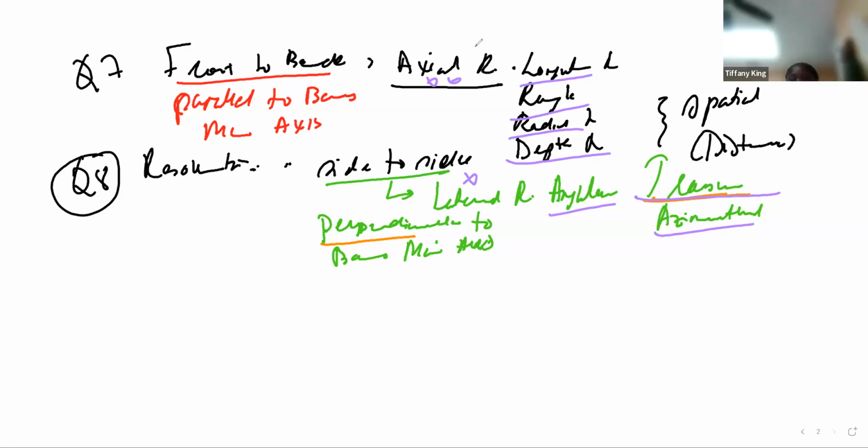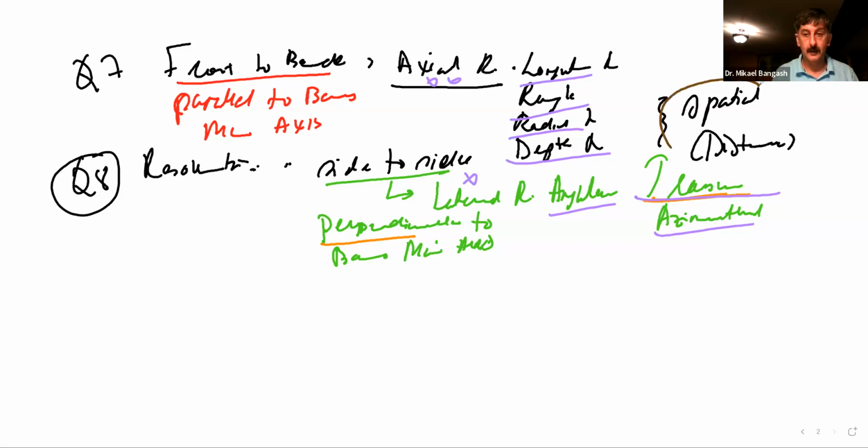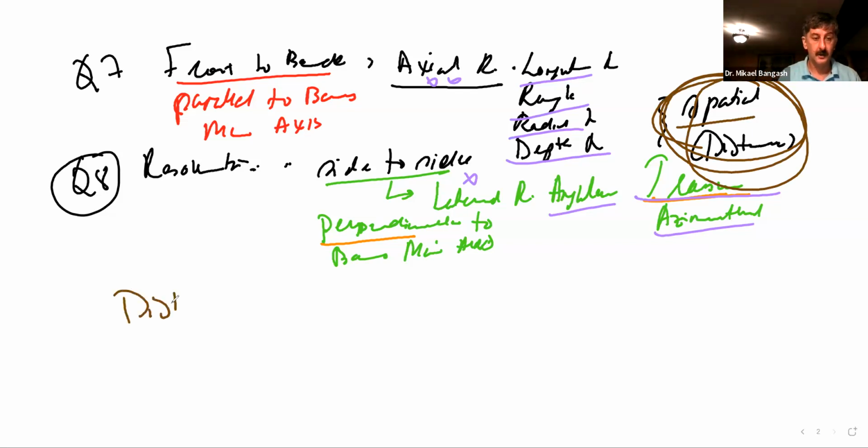Clear. Good. Now, ladies, as I said earlier, we call these kinds of resolutions spatial resolutions because they are resolutions pertaining to space, or distance, or something that can be measured using the unit of distance. And that's what your question 9 is all about.